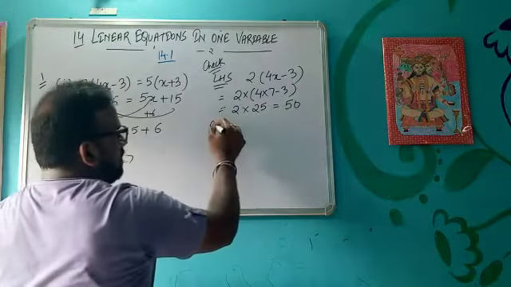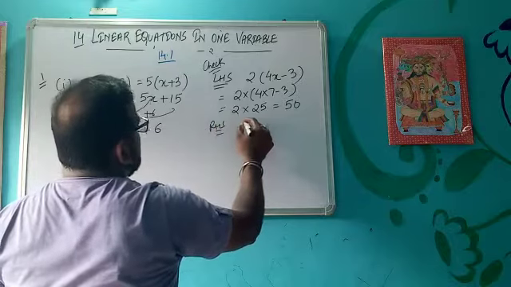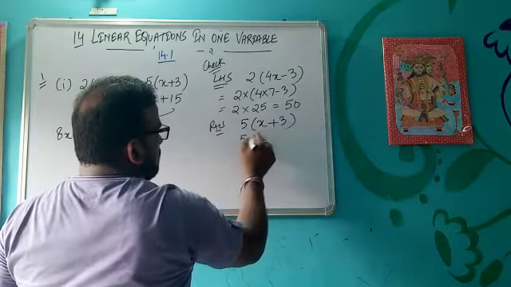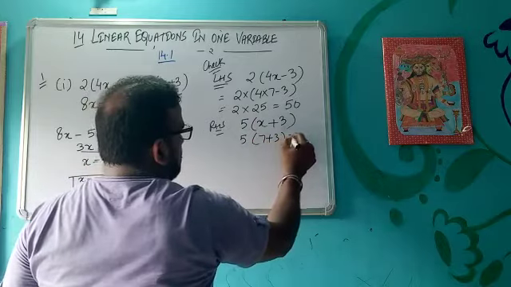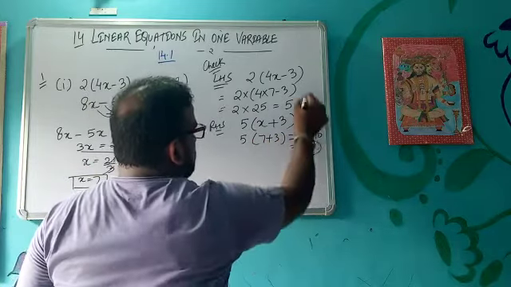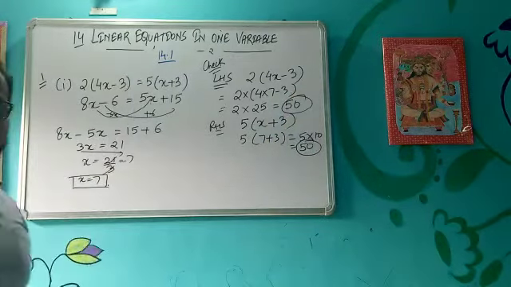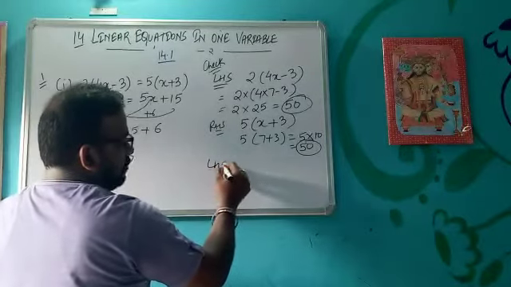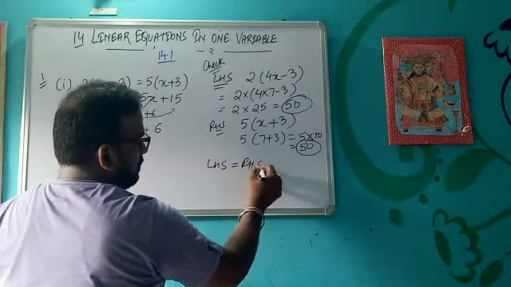Then we take the right hand side, that is 5 into x plus 3. 5 into 7 plus 3, that is 5 into 10. Again I got the answer as 50. So it is very clear that LHS is equal to RHS, so my solution is correct.